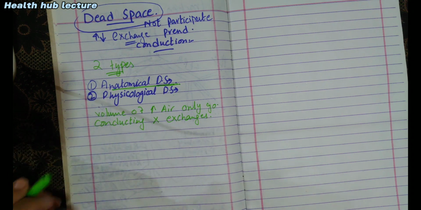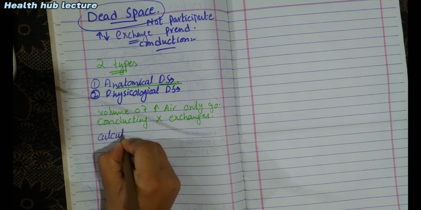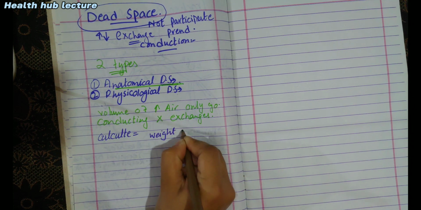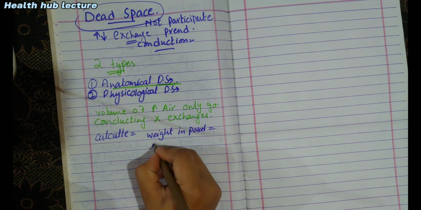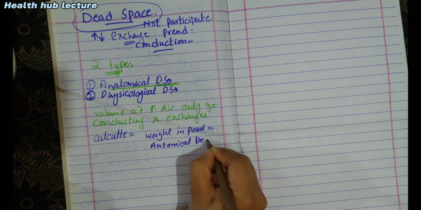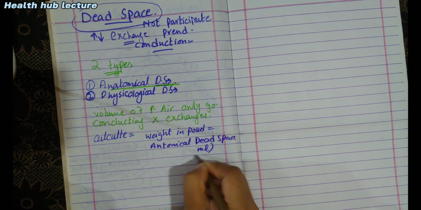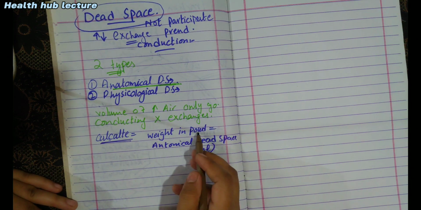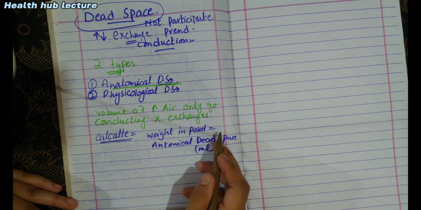And if we calculate this, the weight in pounds is equal to the anatomical dead space in milliliters.